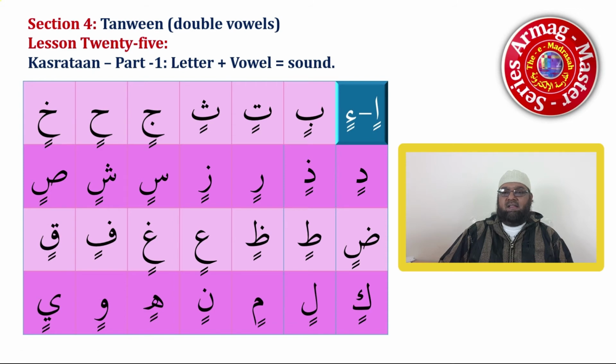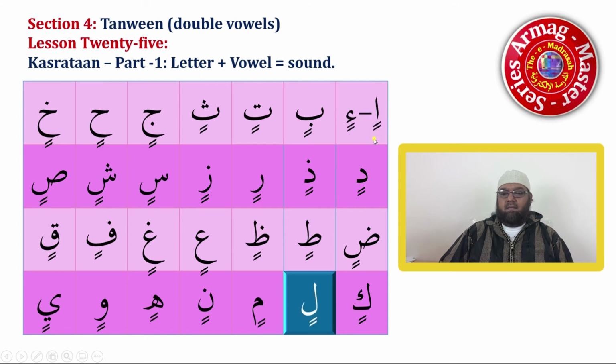And that is Hamza with Kasratan, or Alif with Kasratan, gives us in. So the next letter is Lam. Lam with Kasratan gives us lin.